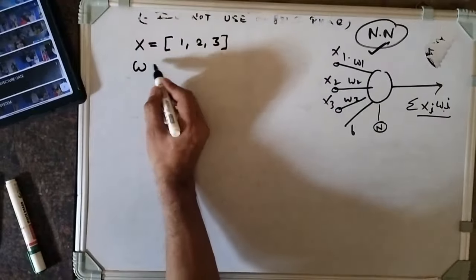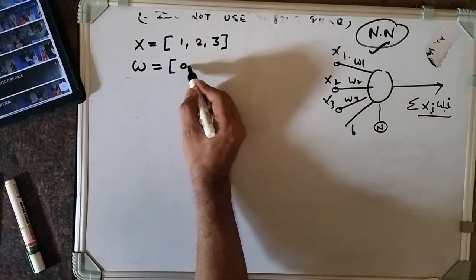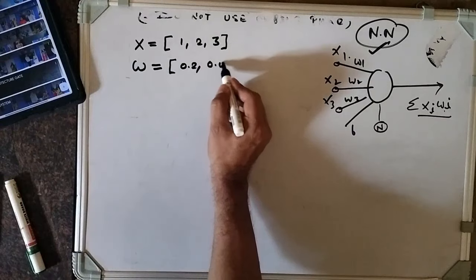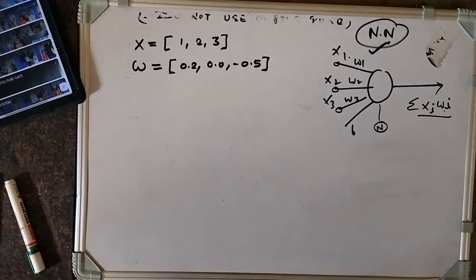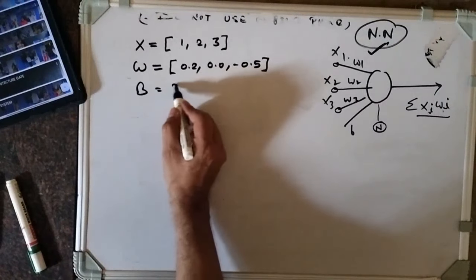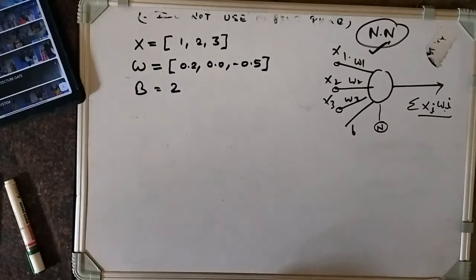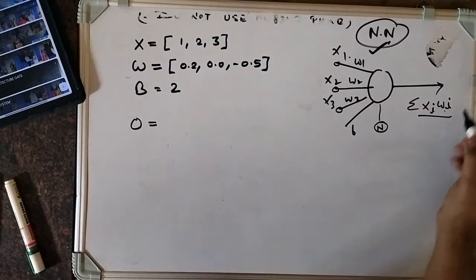Then I write another list, w is equal to 0.2, 0.0, minus 0.5. This is my other list w. And suppose the bias is 2, because there is only one. And the output is sigma of this.